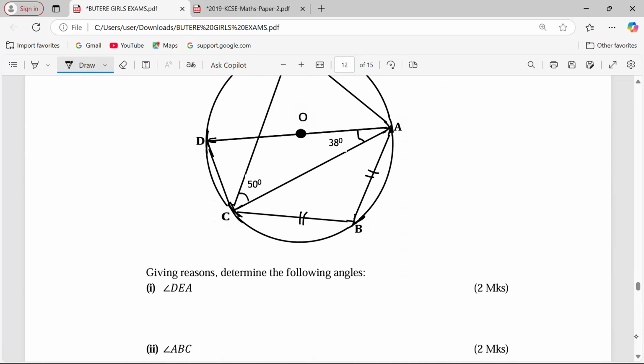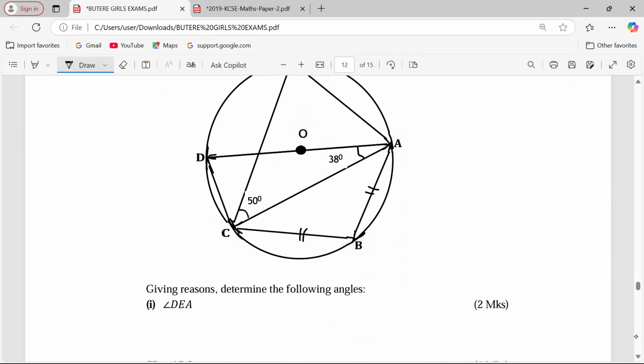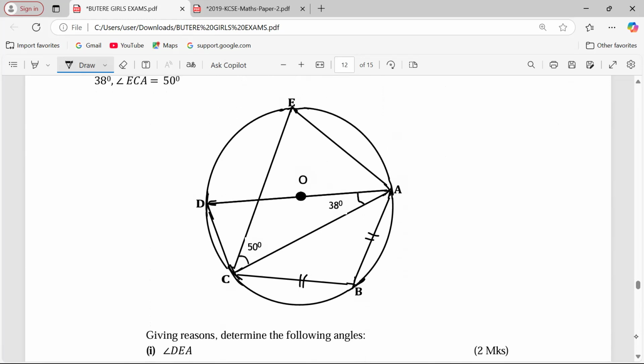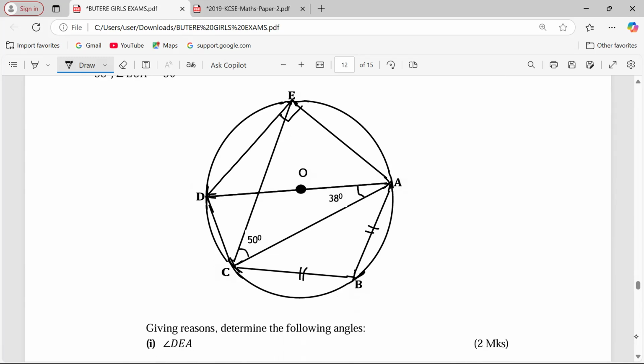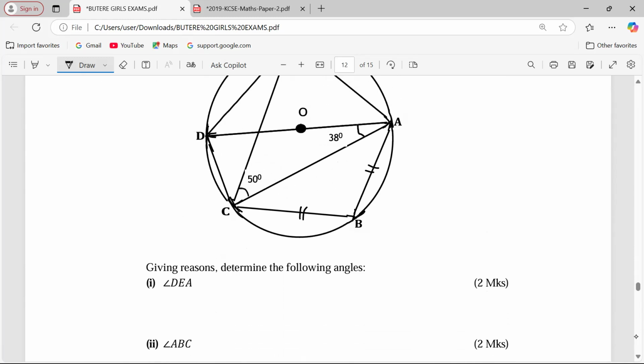The following angles, 1, DEA. DEA is the angle at this point. Actually, DEA, the whole of this. And I will give it directly 90.